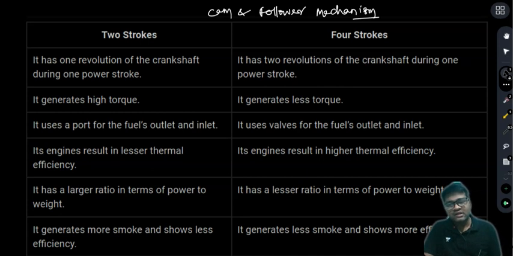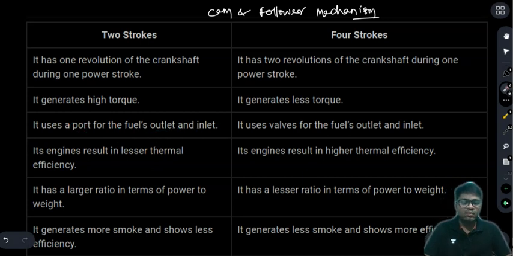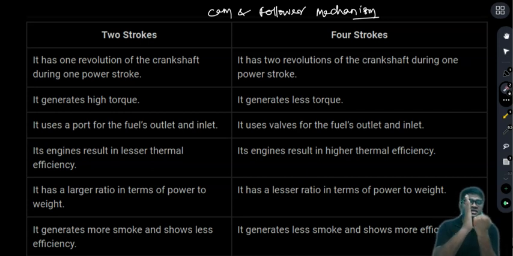So how do the ports get opened and closed in a two-stroke engine? These ports get opened and closed due to the piston movement only. That means if there is a port, let us assume there is a hole, and if my piston is at this particular port, then we can say this port is closed, right?